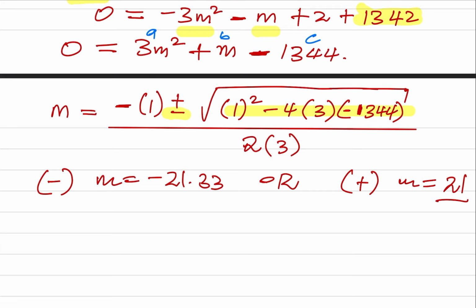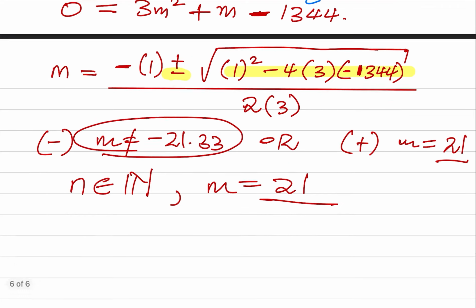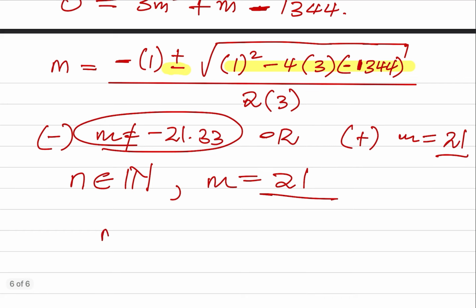So you need to know that our n, the number of terms, is an element of the natural numbers. This entails that our m is 21, because we are looking for natural numbers, counting numbers. This won't work. Suppose your value of m was 21,5, so we want whole numbers, or I can say counting numbers.